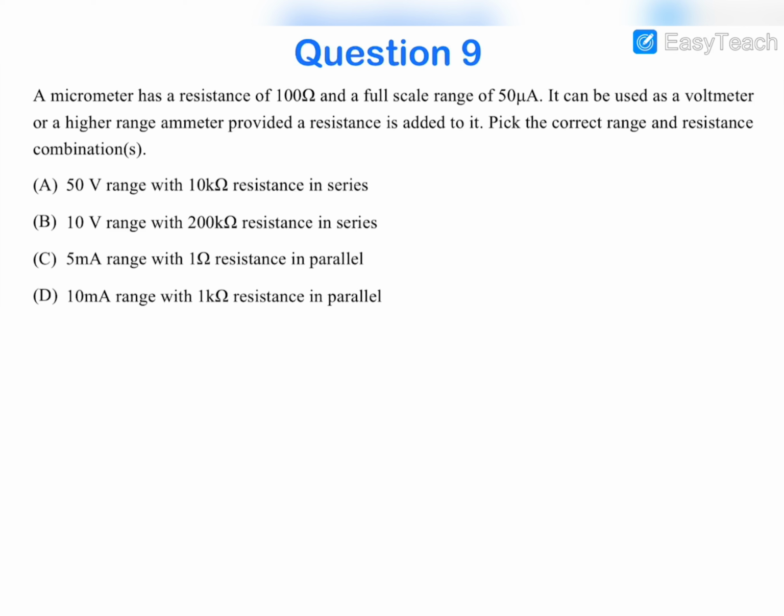In this question, you can see that there is a galvanometer. Its resistance G is 100 and its Ig is 50 into 10 raised to power minus 6. And we have to convert it into a voltmeter of this range and an ammeter of this range.